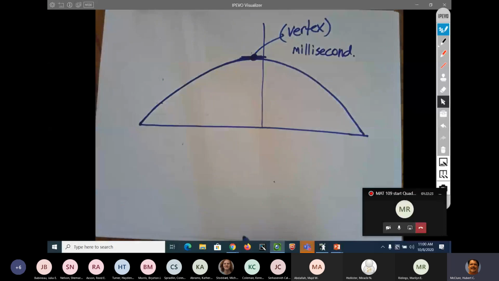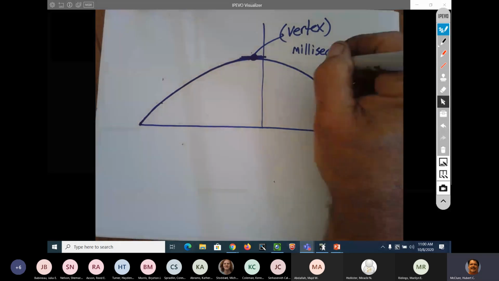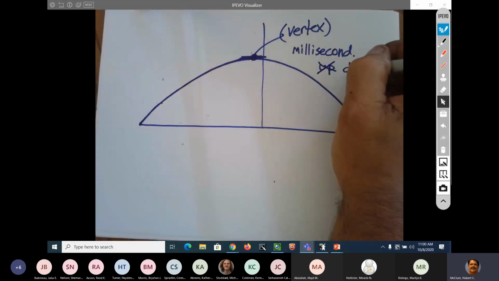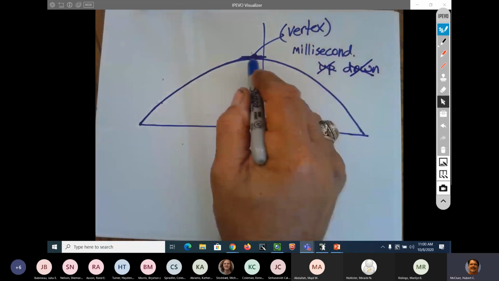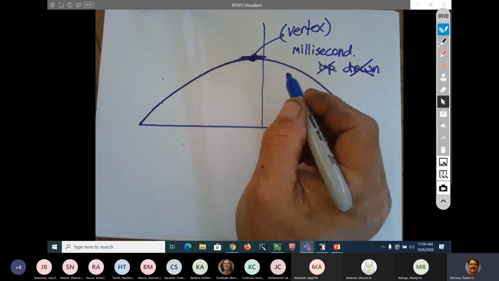What can you tell me is happening? You're actually flying, because you're not going up and you're not going down. For 1 millisecond of time, you're basically not going up or down.